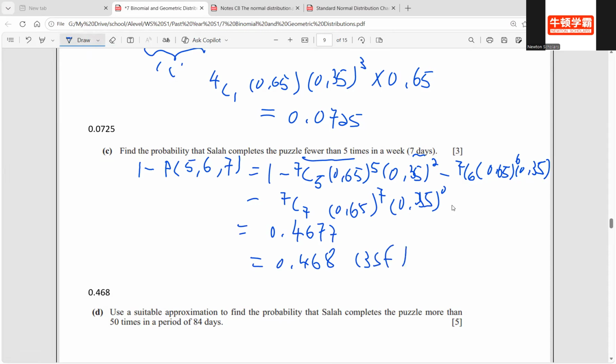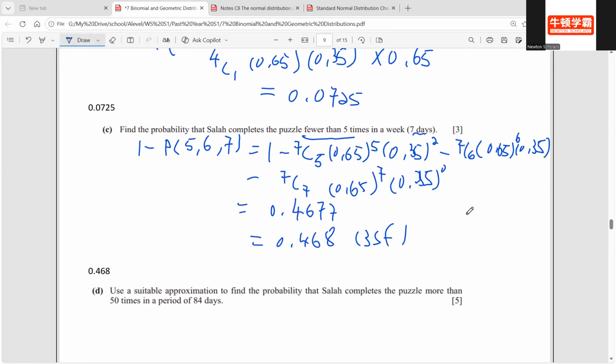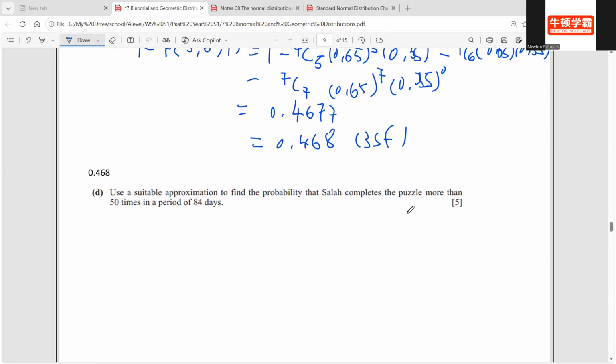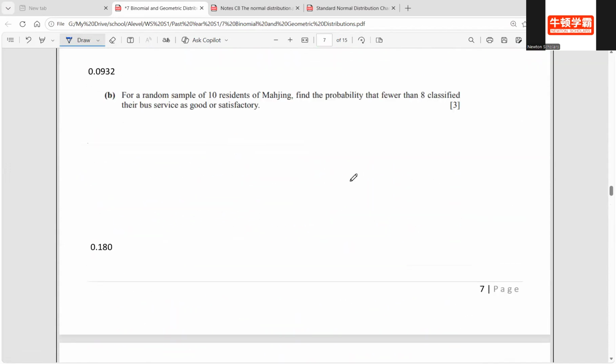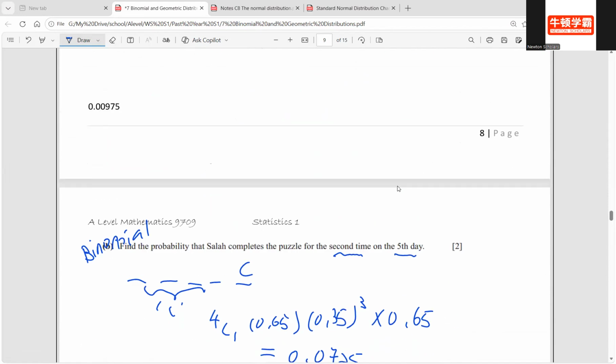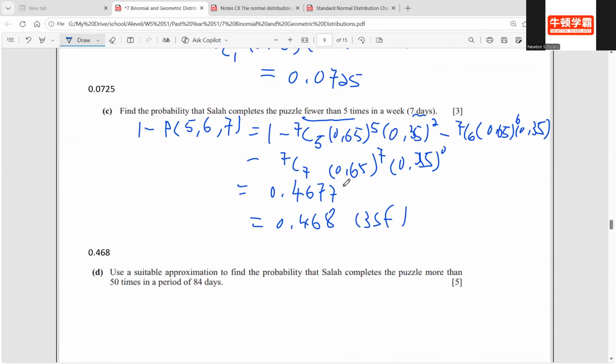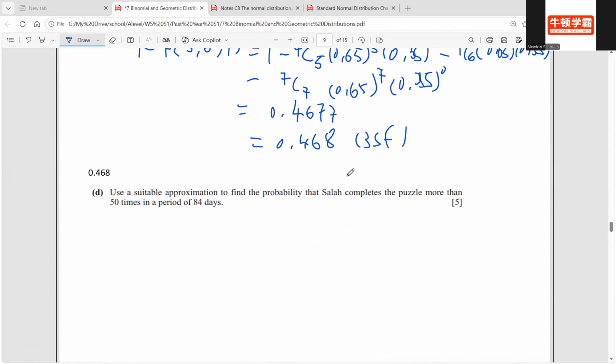Okay, next one. For D, last week I said that you cannot do it, but I still put it in here because I want you to know that in the question, it can be divided as you remember just now. A is the geometric, B and C are the binomial, and for D it can be normal, because it has a suitable approximation.